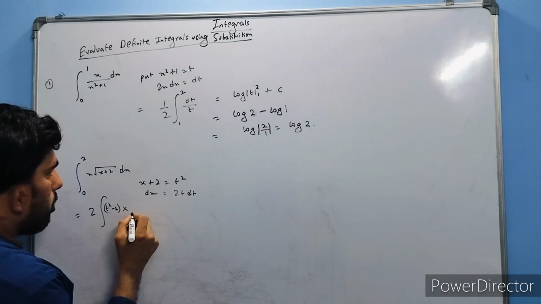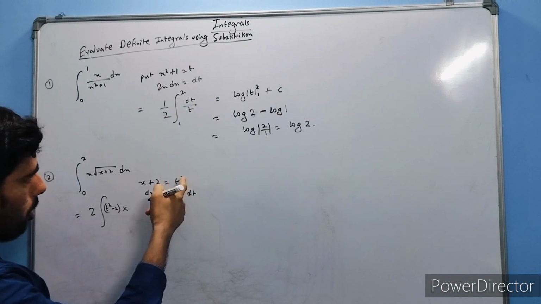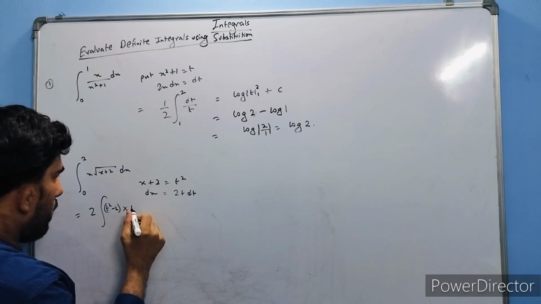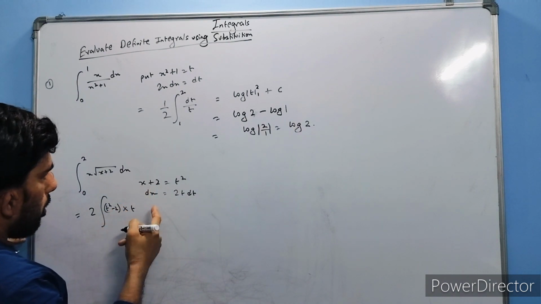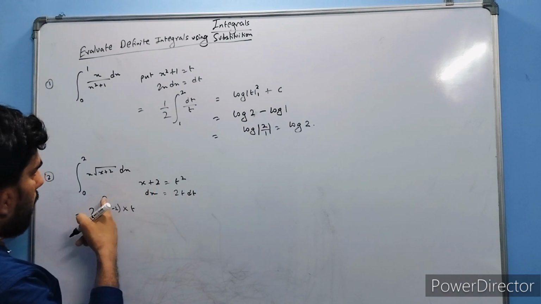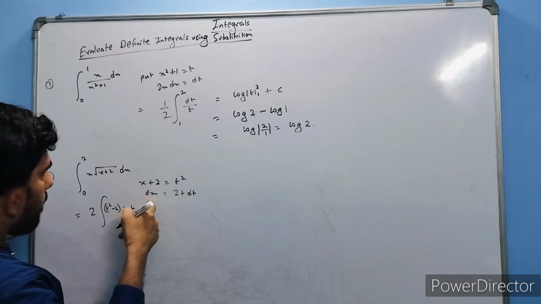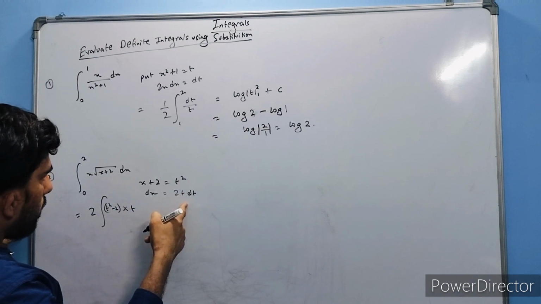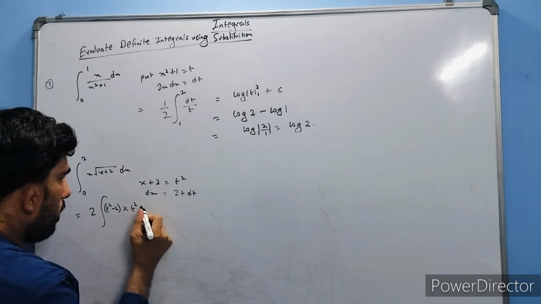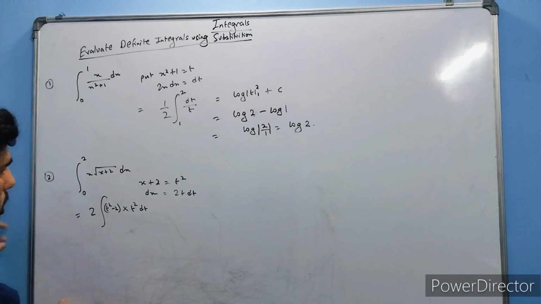We have taken this t square, so it will be t, and x is t square minus 2, and we have dx as 2t dt, so taking 2 outside, it is 2t square t dt.